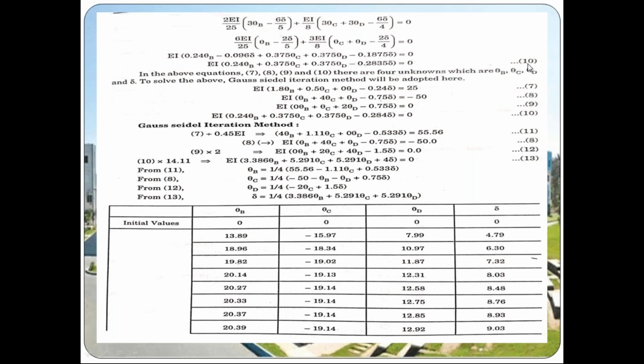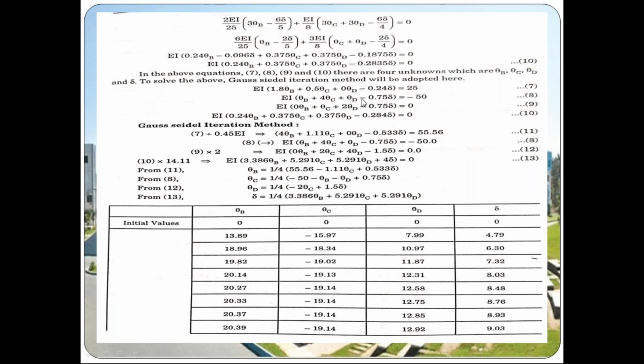This is equation number 10. So there are 4 equations with 4 unknowns, equations 7, 8, 9, 10, with unknowns theta B, theta C, theta D, delta.